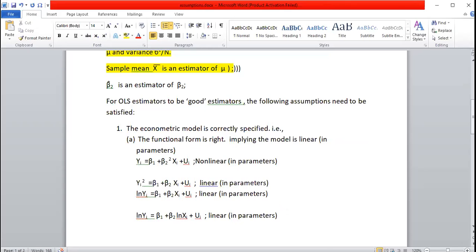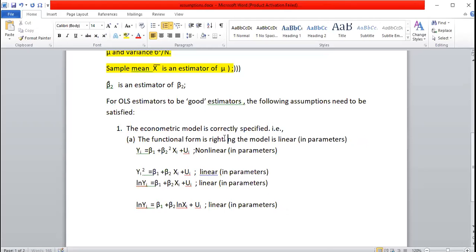I'll write that the model is linear in parameters. So if you have x square, it's okay. If you have y square, it's fine. But if you have beta 2 square or beta 1 square or beta 1 to the power beta 2 or log of beta 2, then that is not doable.